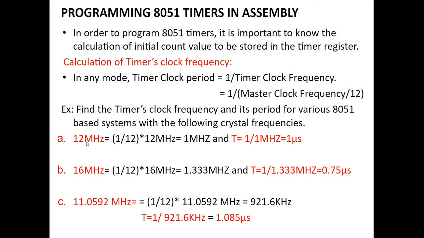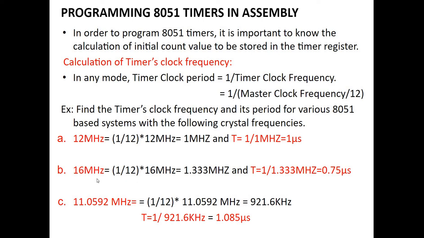So we get 1 megahertz, and if you want to find the time period, we need to take the reciprocal of this frequency. So t is equal to 1 over 1 megahertz, and we get 1 microsecond.